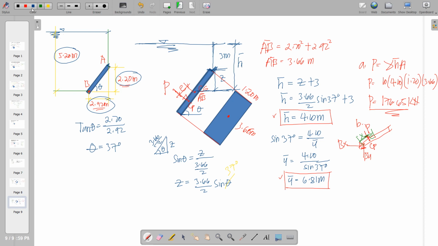By the way, there is still a reaction here since this is resting on this smooth wall. So therefore, the reaction is always perpendicular to the wall. So that is the reaction at A. In here, we have several forces.